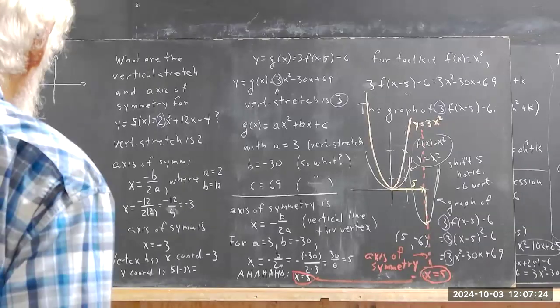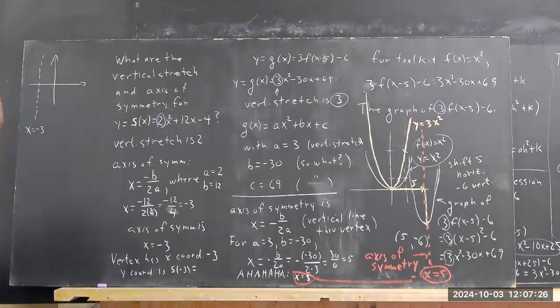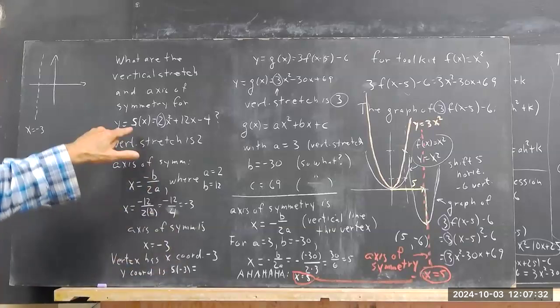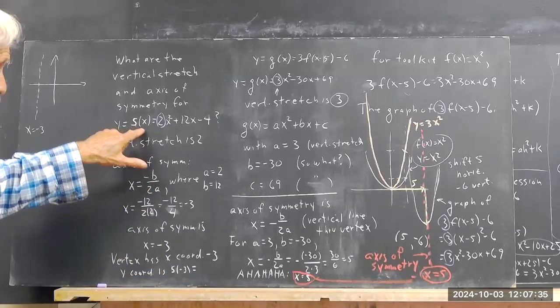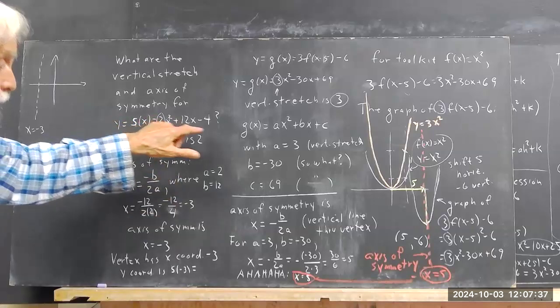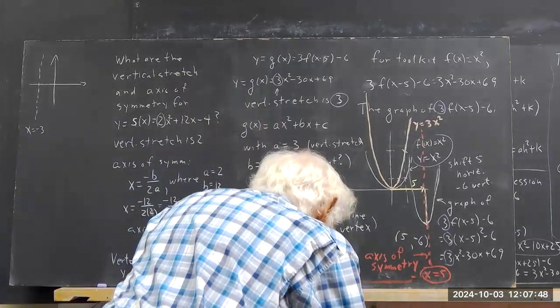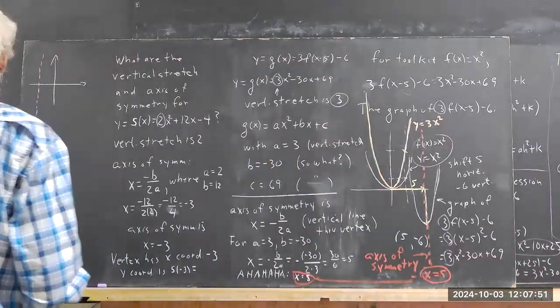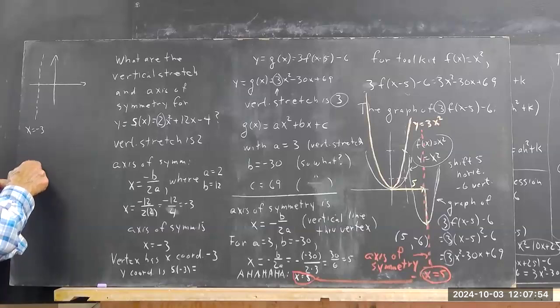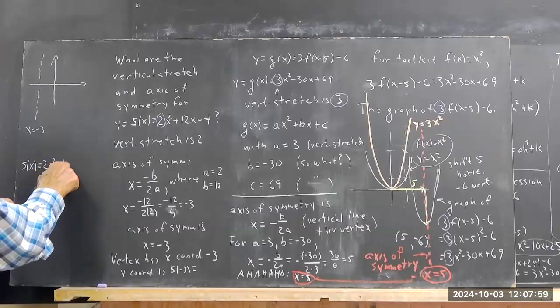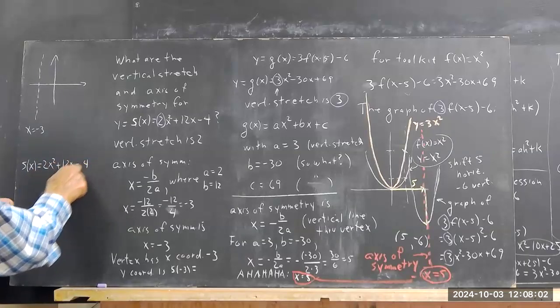Okay, now have the class and have a problem with this. Okay, s of -3. You go back to the definition of s of x. X has been replaced by -3, so you replace all the x's by -3 and just work on the arithmetic. Okay, so I'll write out what you need: x squared is 12x minus 4.